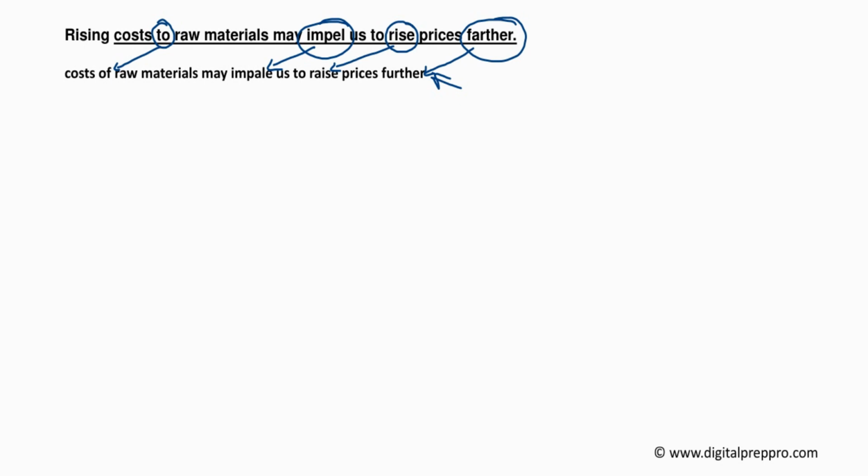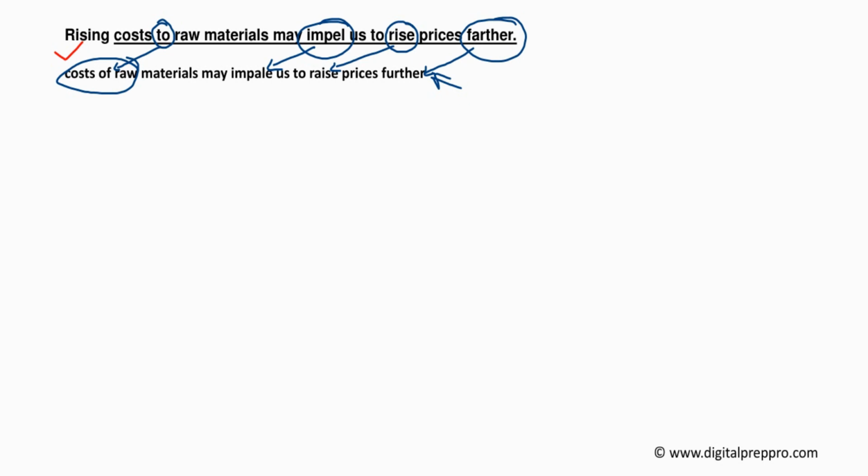Why? See, here this one is justified. Rising cost to raw materials is not a good way of saying it, or rather a wrong way of saying it. Cost of raw materials is the correct way of saying it. So this is the correct, justified thing.